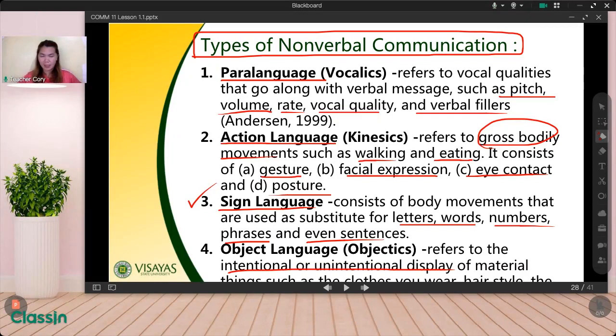Not the body language, just the accessories that we use. So that's object language. When people are fond of placing, for example, medyo dark things in the room, that communicates something about their personality too. Okay, it also has a message.